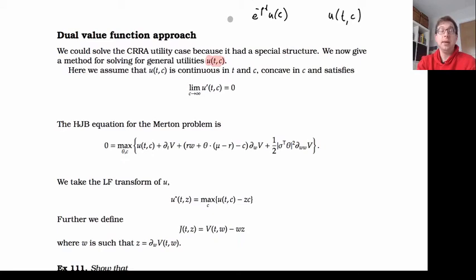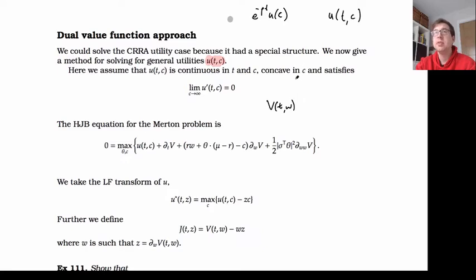Now, I can write down the HJB equation for this problem, and now I'm going to be dealing with it where I'm looking at v of t of w. That is the optimal objective function for the Merton problem, but where I start from time t with wealth w.